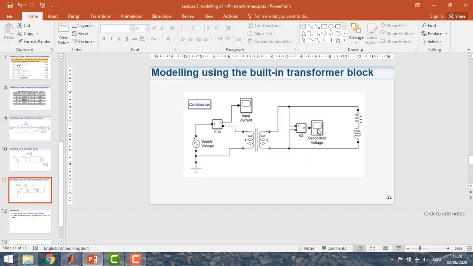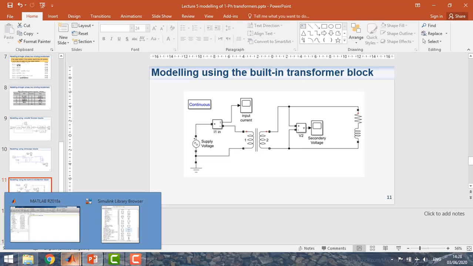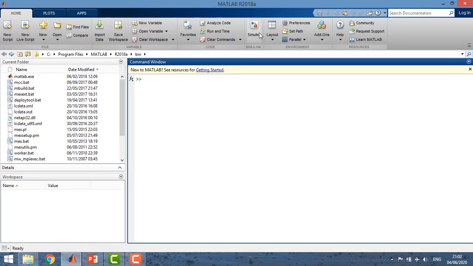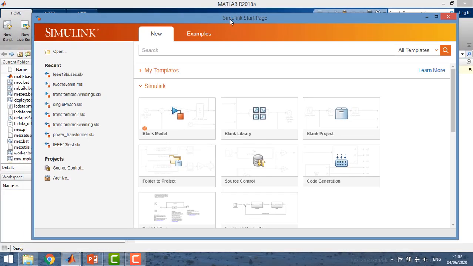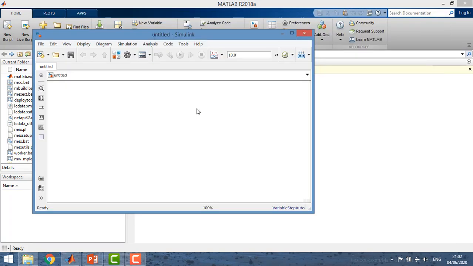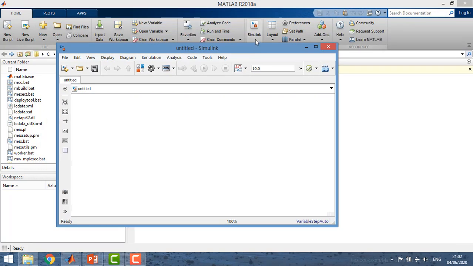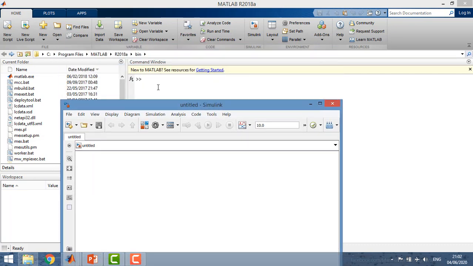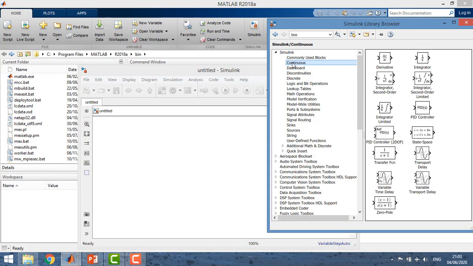Now I've already started MATLAB. Okay, so we can start Simulink and open a new window by either clicking Simulink or writing Simulink in the command window. Let's go and bring the blocks we need to build the model.